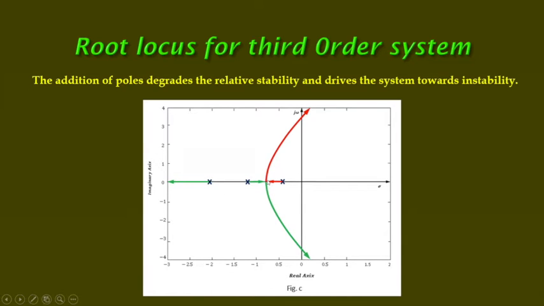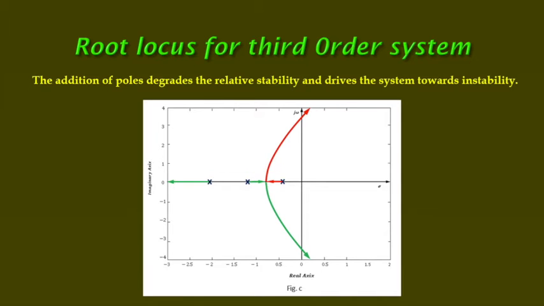But this new modified system's root locus does not lie completely on the left hand side of the S-plane. Therefore, the modified system is not completely stable for all values of gain k.